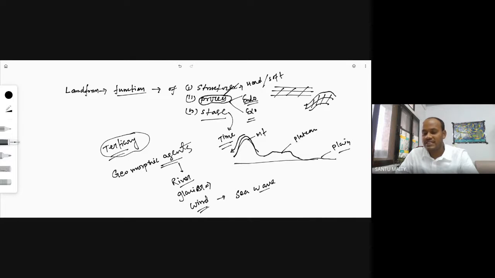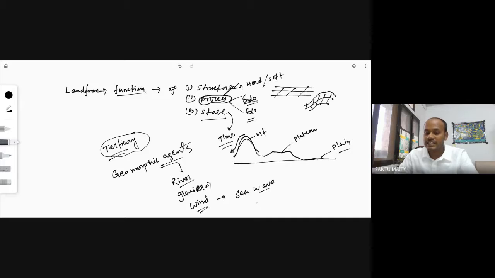If you have visited Digha or Mandarmani or somewhere in the Sagar region, you may have seen the continuous fluctuation of the sea water in the form of waves, approaching the seashore and continuously eroding and transporting the materials found at the coastal or beach region. So the sea wave is also a geomorphic agent.